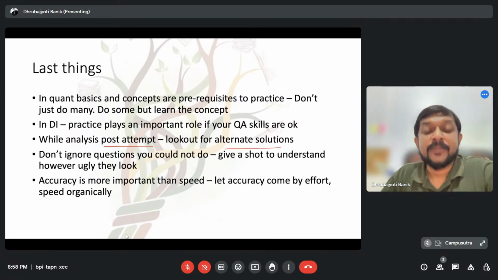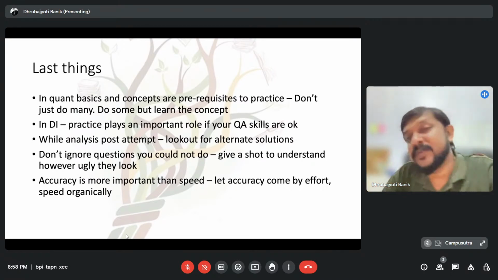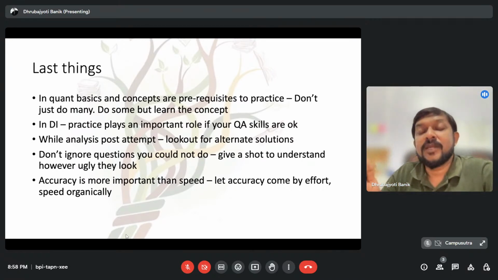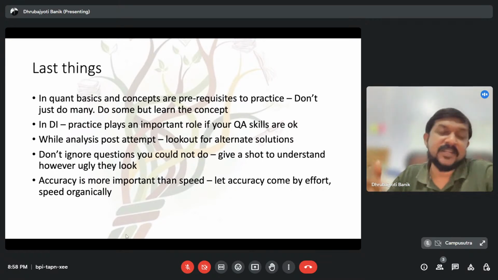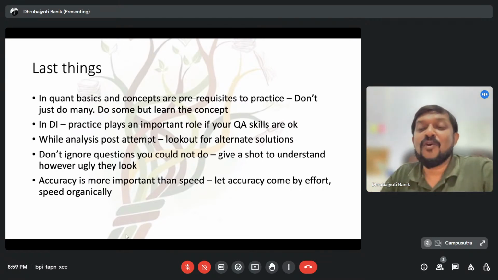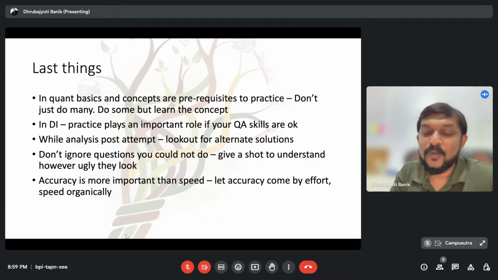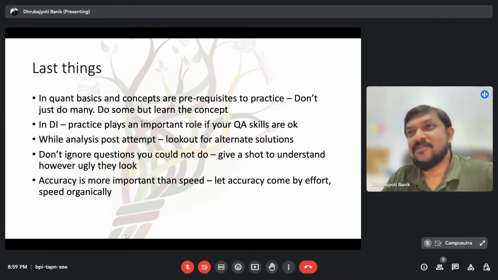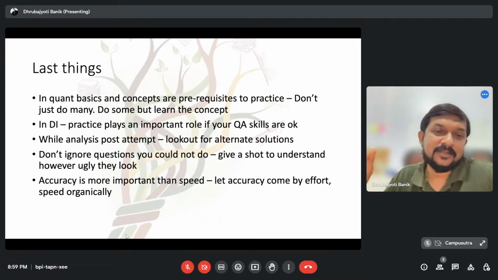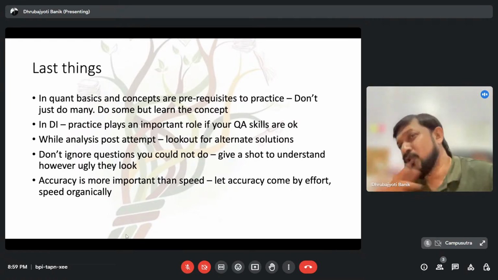At least one very grave mistake that we make in quant and DI is, after solving a set, or after doing a practice exercise, or after solving a mock CAT, we only analyze the questions which we have been able to do. Generally, if there are some questions which we are not able to do, we completely ignore them and say, this won't happen from me, well left, I will never do this question. Don't do that.